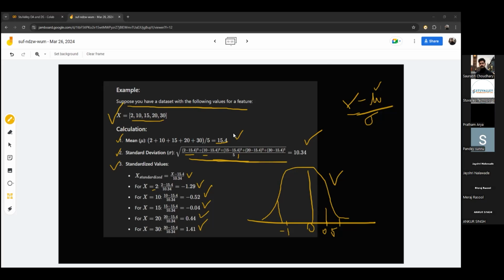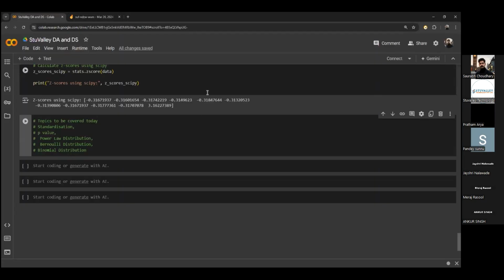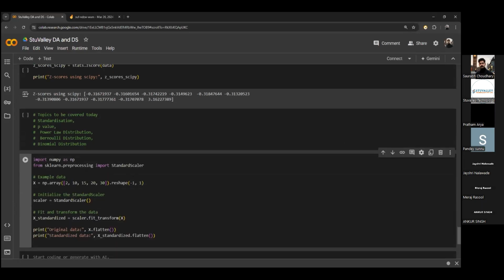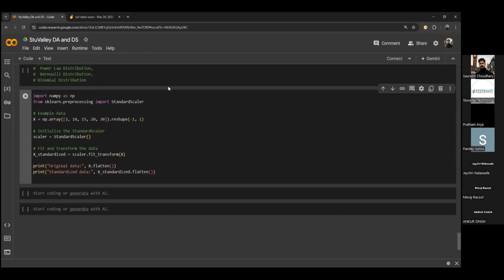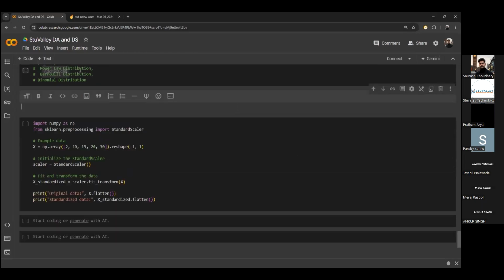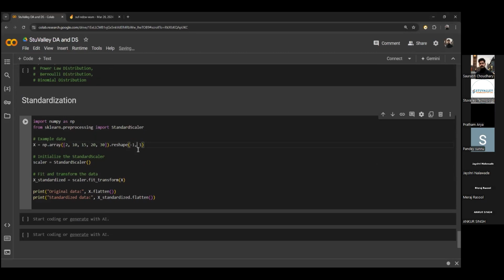Okay. So how to code this in Python? How to find it in Python? Let me show you. Okay, standardization which we have here.